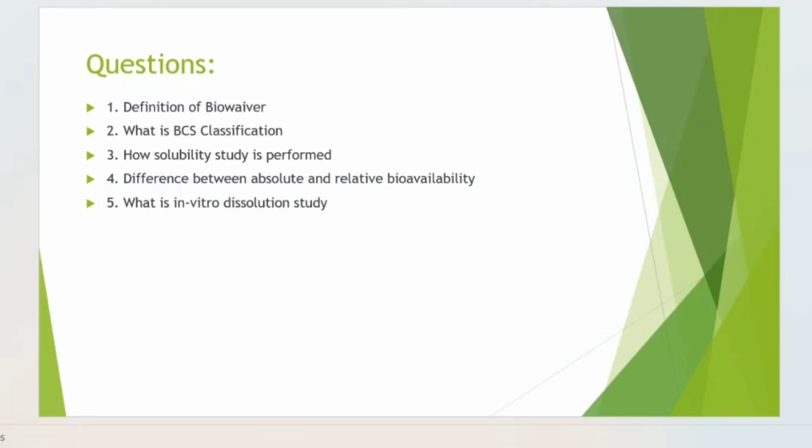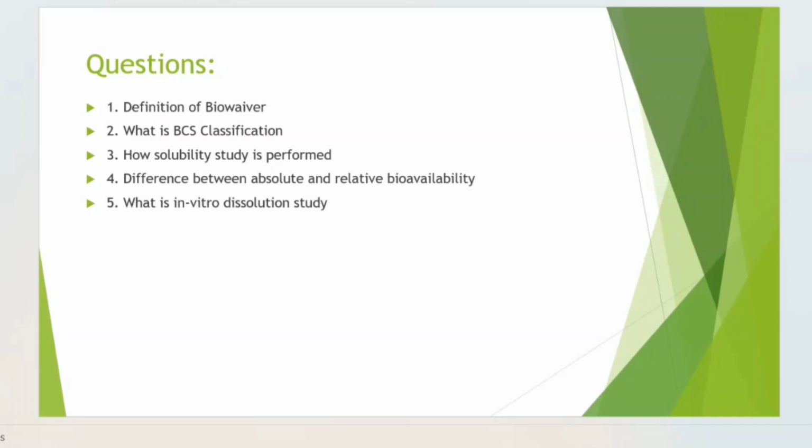Here the highest therapeutic dose is dissolved in 250 ml of aqueous media over the pH range of 1.2 to 6.8, so that it should be completely soluble. In this way the solubility is identified.